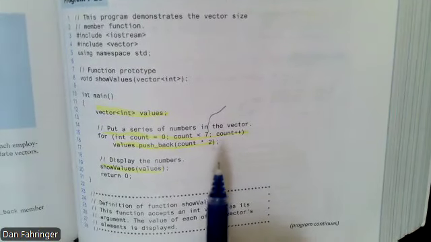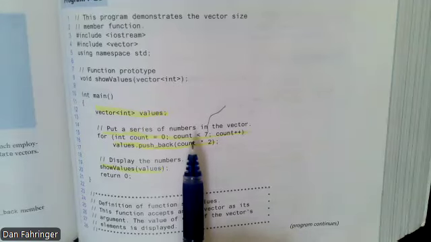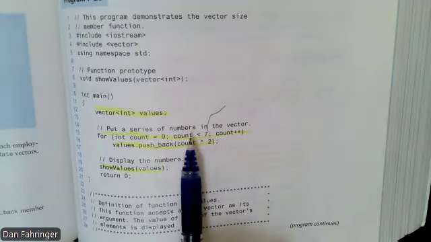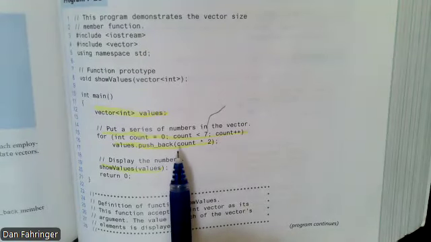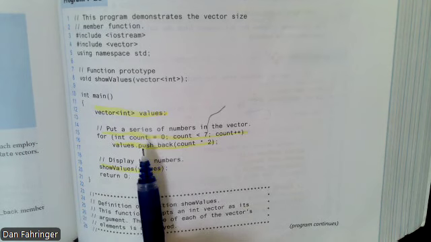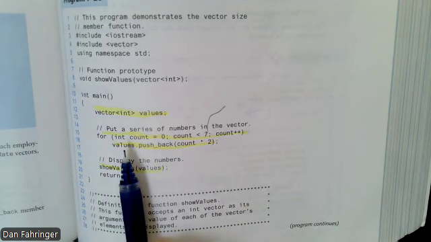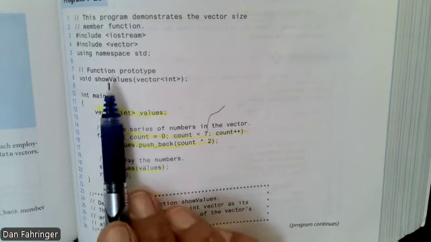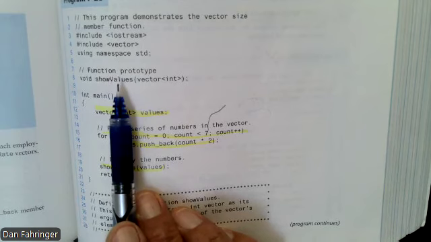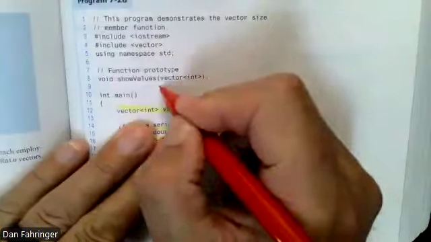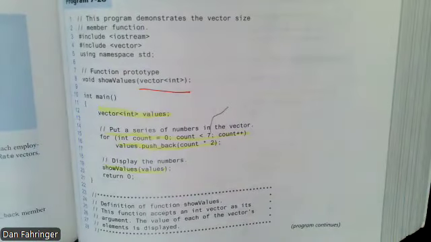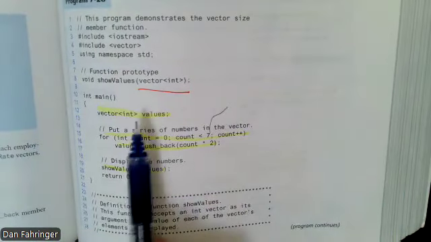Here we go. We're going to go through and I'm going to add 7 numbers to my vector. My vector is called values. I have a function called show values. I should underline this because that's new: how we pass a vector in through the function.